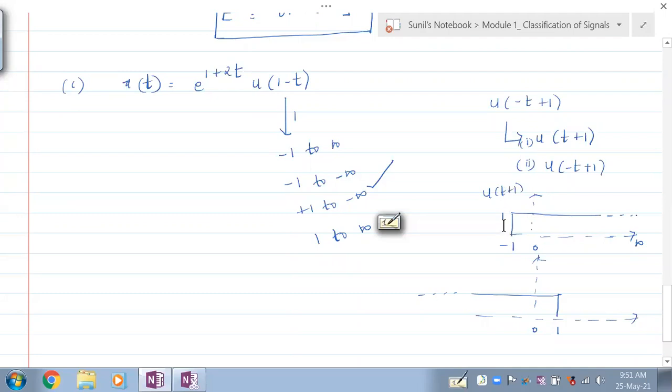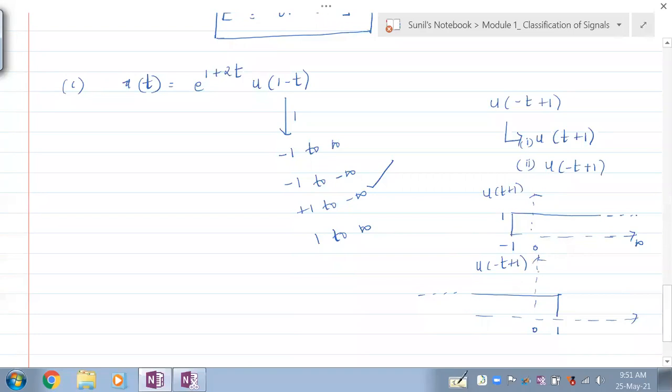Now if you take u of minus t plus 1, it is as good as taking the reflection of u of t plus 1, mind you. If you take the reflection of this, whatever is at minus 1 would come at plus 1, and whatever is there at positive t's would all go with negative t's, and whatever are there with the negative t's will all come with the positive t's.